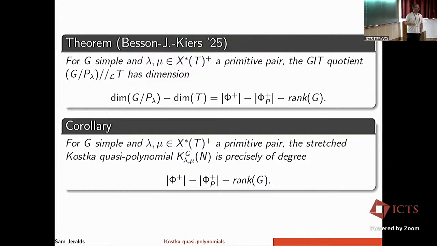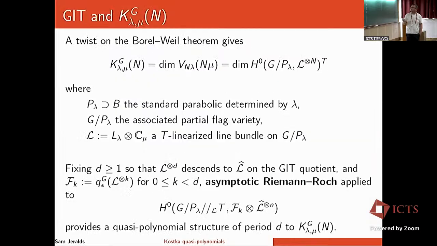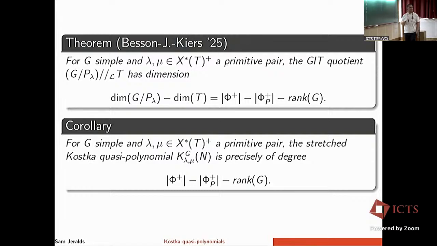This L is the line bundle that I want to take. So this is this particular line bundle. Everything here depends on L in the sense that, as long as lambda and mu are primitive, the degree doesn't depend on lambda and mu apart from this factor.